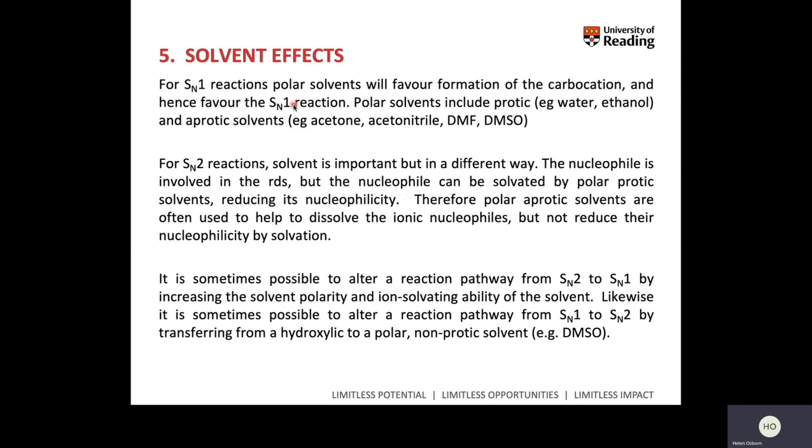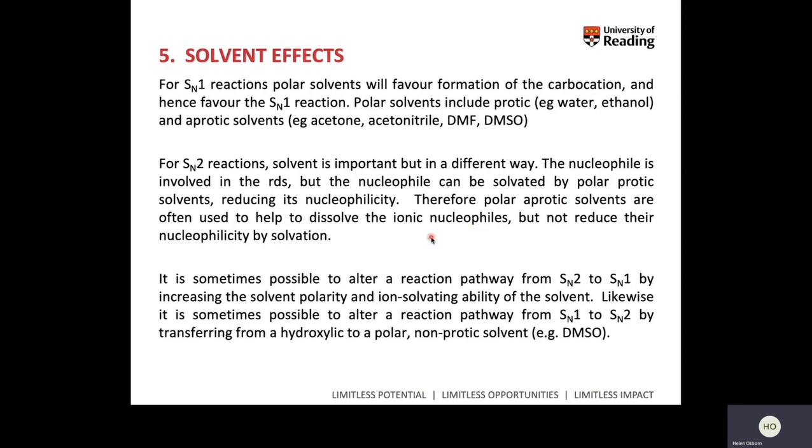So the key point here is for SN1 reaction, we would want a polar protic solvent, whereas for the SN2 reaction, what we'd be wanting is a polar aprotic solvent. It's sufficiently polar to dissolve our nucleophile, which is charged, but it's not protic. It's not going to solvate the nucleophile and mask it by solvent molecules, so it can't react.